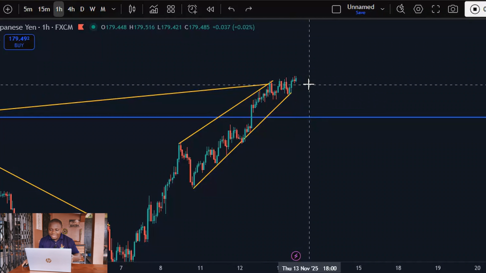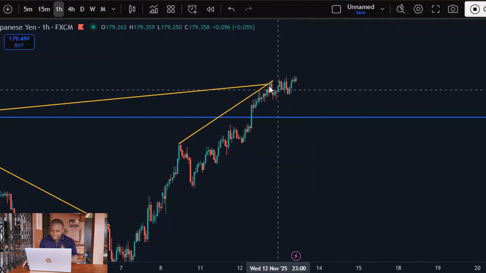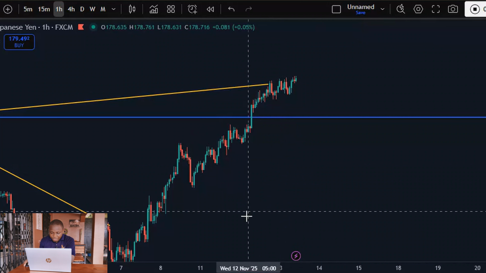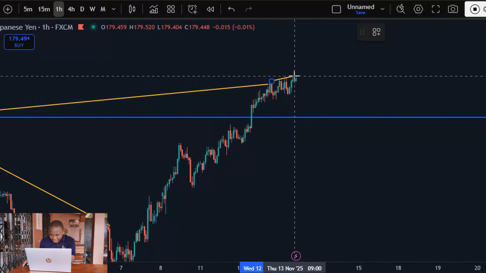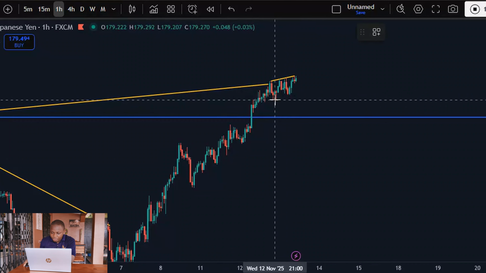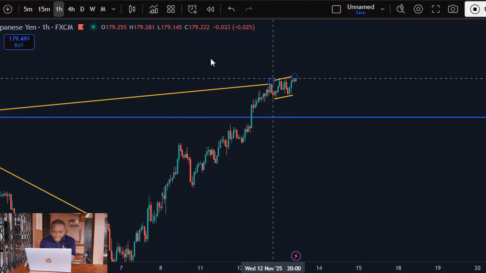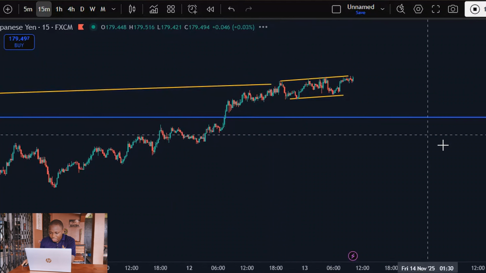And the third way that I can take this one is by deleting this and then deleting this, because over here I already see there is a price extension. There is a pattern within a pattern. And if I go to the 15-minute and show you this, you'll see it more clearly.